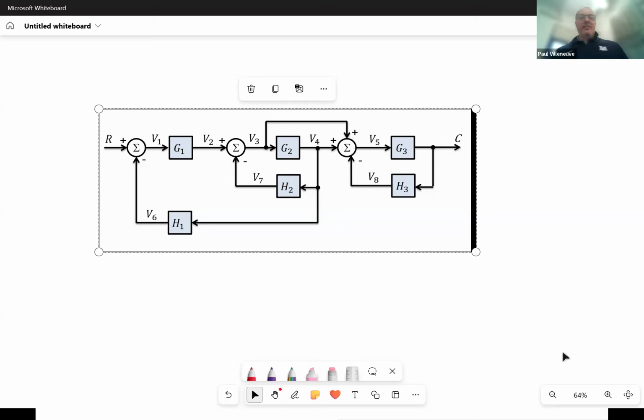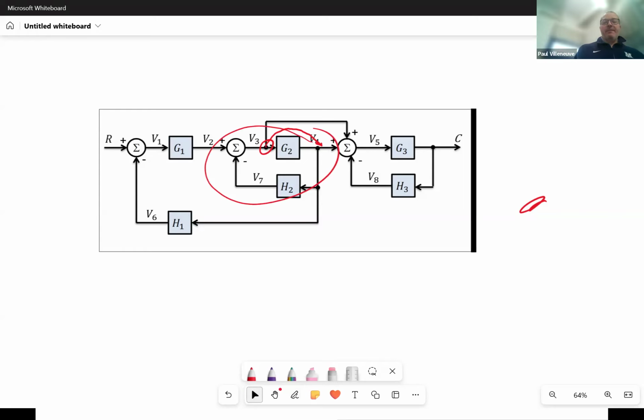From my perspective, moving this pickoff point over to here. And again, once you're on that line, you can move it at any point. Moving that pickoff point to the other side of G2 is going to make it so that I just have this feedback path that I can combine.